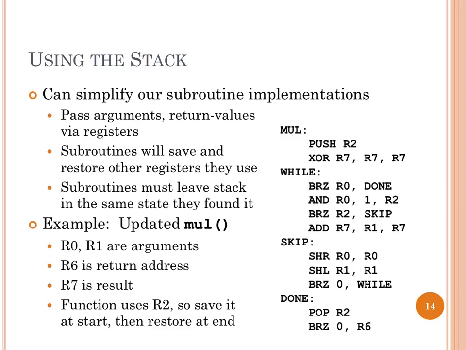Remember that we had to look at the low bit of A, so we do a bitwise AND of A with 1, and we store that into R2, so that's our temporary variable inside of mul. We save it at the beginning, and when we're finished doing our computation, we restore it. The caller no longer has to worry about what we do with R2. We just gave the caller another register. How awesome are we? Okay. Any questions?